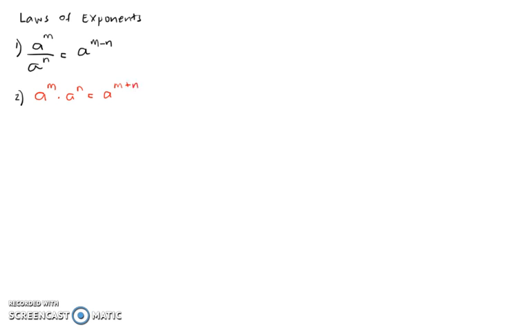Then for our last law that I think we need to recall, if we have a raised to negative m, that is simply the reciprocal of it, and then let's make the exponent positive. Okay, so here are the laws of exponents that we need to recall. So it's time now to solve the given questions.